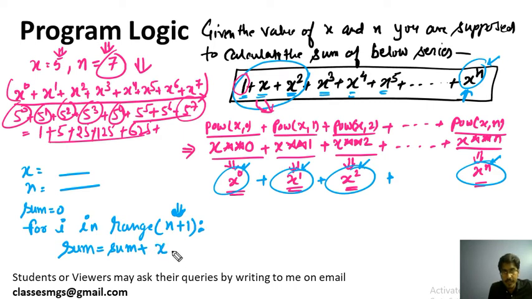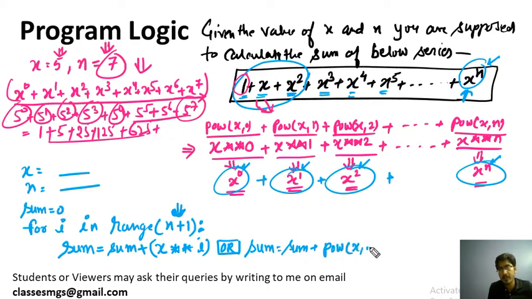I have already explained how to calculate it using this line. Or you may write sum equals to sum plus power(x, i). This will also work. You can write any line, and at the last print this sum.